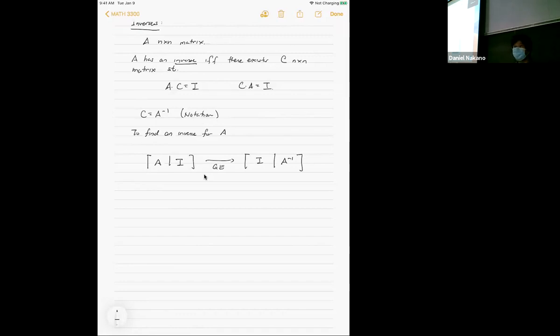Okay, so we actually did this for the 2 by 2 case in the last lecture. And what I want to do today is start off with a 3 by 3 matrix, something where it's not clear what the inverse is, and show you that this is a very effective way to do this.